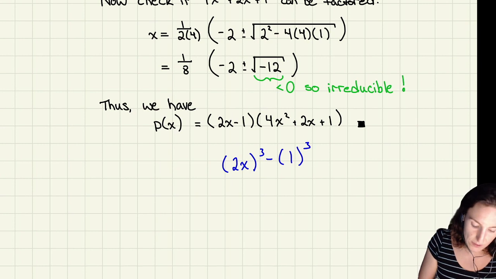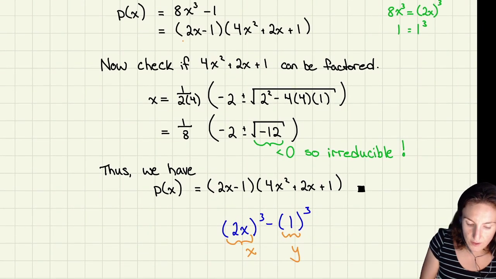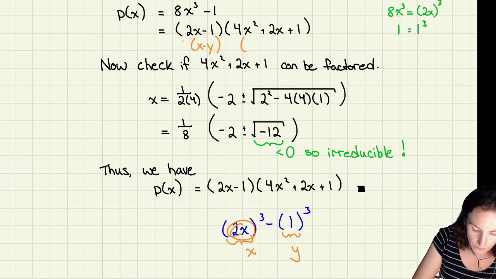So in that formula that we saw, this whole thing here would be like the x, and this thing all here would be like the y. So remember that formula said that you would have x minus y. In our case, it would actually be 2x. And then you would have your x squared plus xy plus y squared.